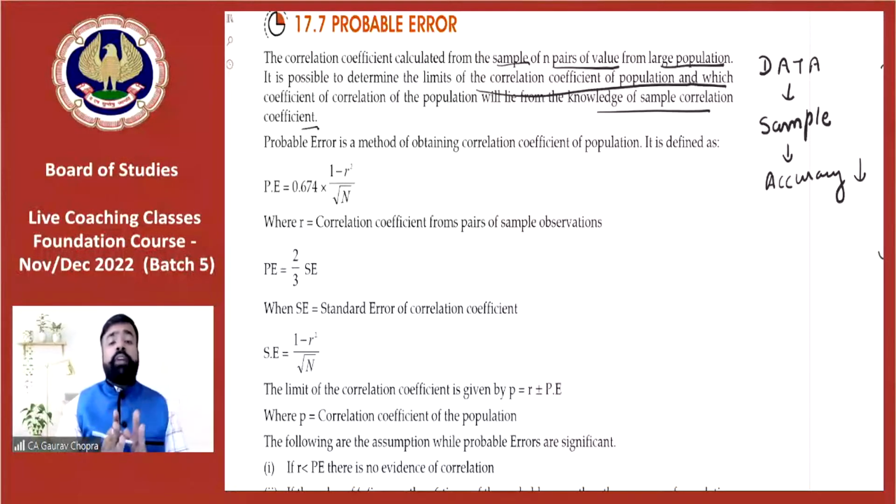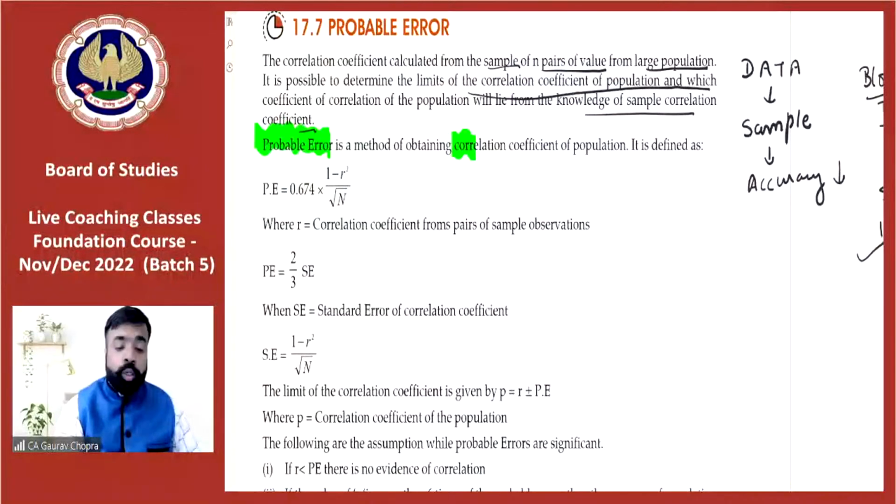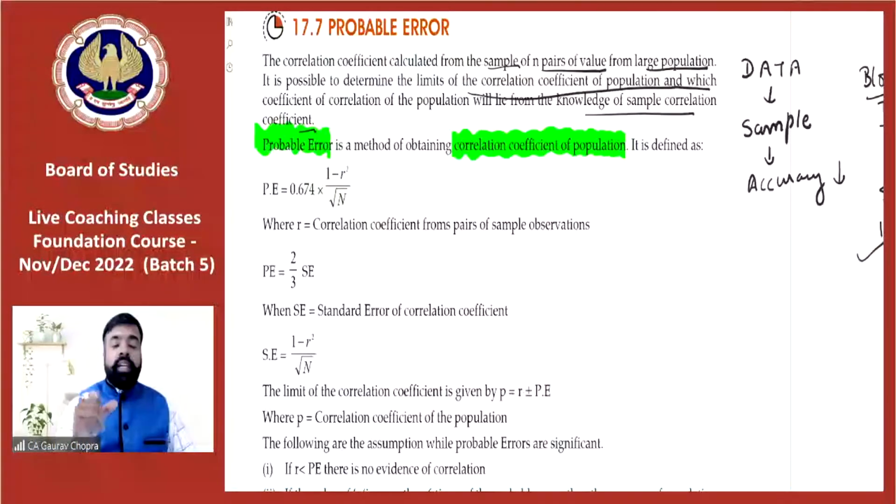So here we have to find the probable error, like how much fluctuation can be there. In short, it is a method of obtaining the correlation coefficient of the population. We will adjust the error and try to figure out the exact correlation coefficient.